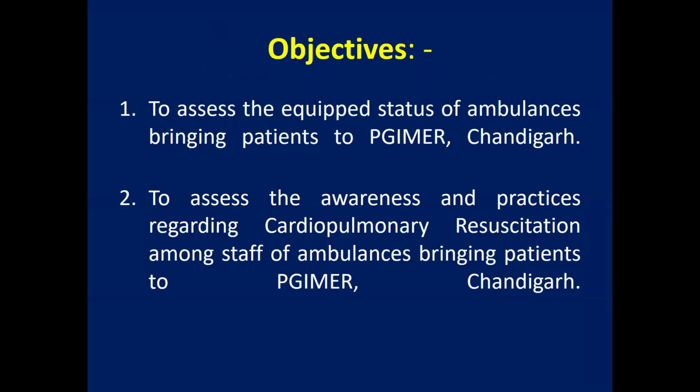And these are objectives. Number one objective is to assess the equipped status of ambulances bringing patients to PGI Chandigarh. And number two, to assess the awareness and practices regarding CPR among staff of ambulances bringing patients to PGI-MER Chandigarh.